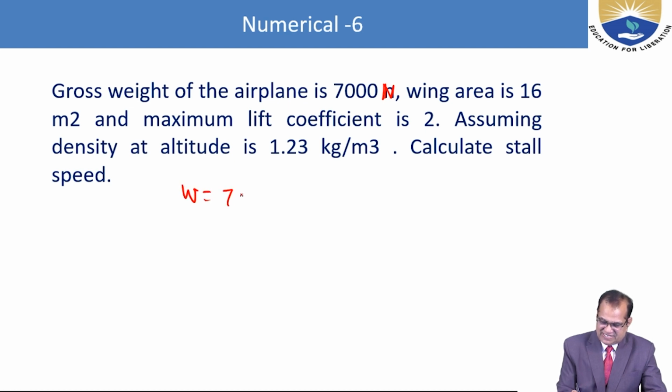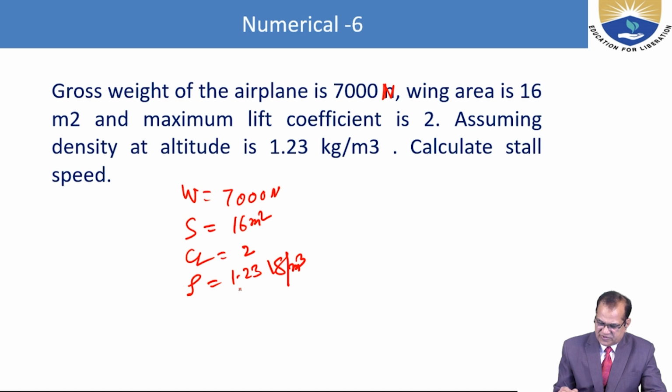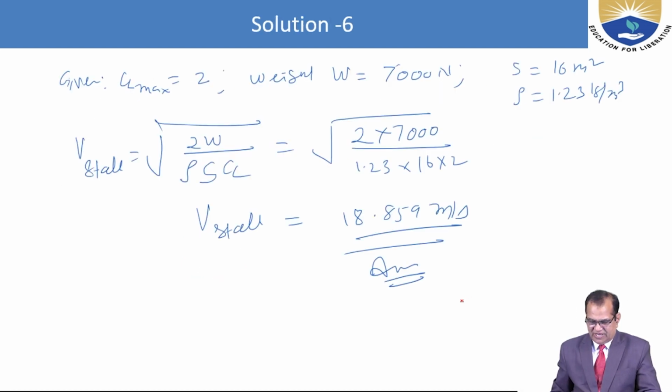Weight is given 7,000 Newton. S is 16 meter square. CL is 2. Rho is equal to 1.23 kg per meter cube. So we can find out the stall speed by putting the equation.